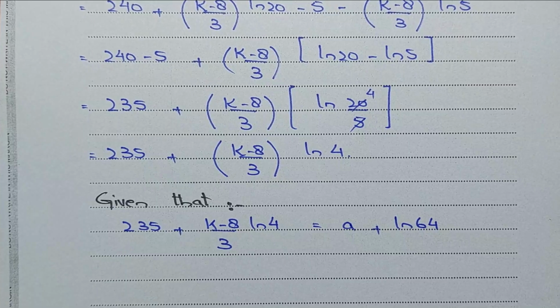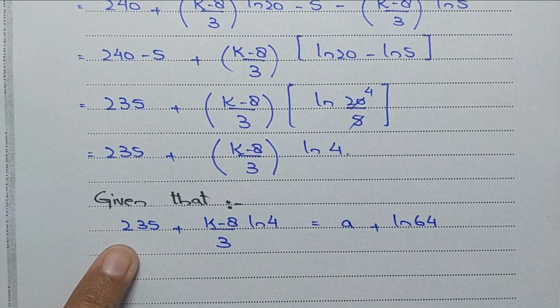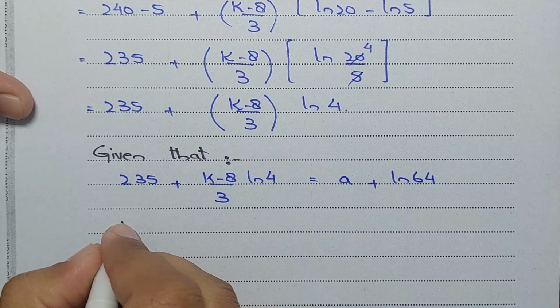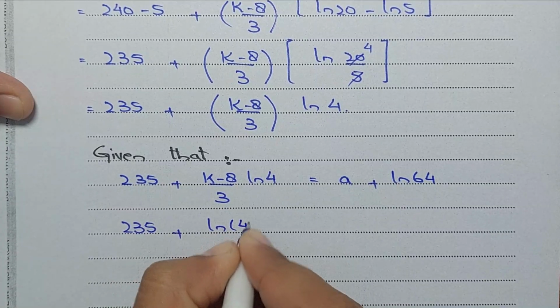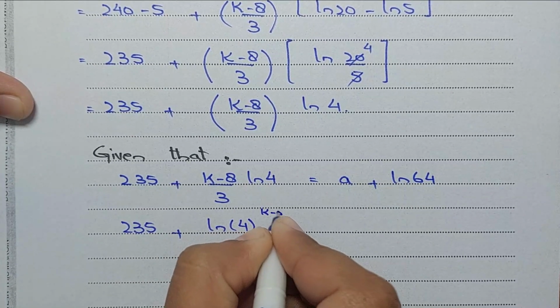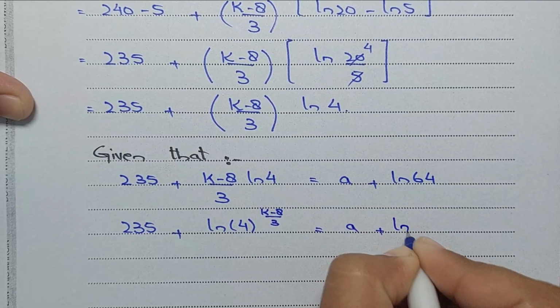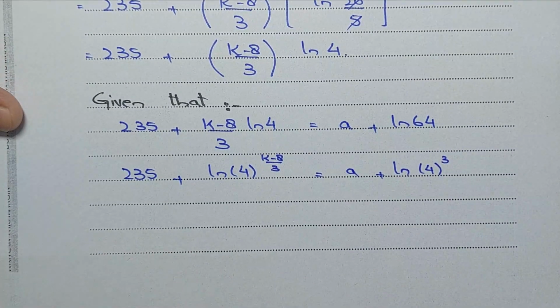Now, if we do the comparison, a is equal to 235, which is an integer. To get the value for k, we can say 235 plus natural log of 4 to the power k minus 8 over 3 equals a plus natural log of 4 cube, which is 64, right?